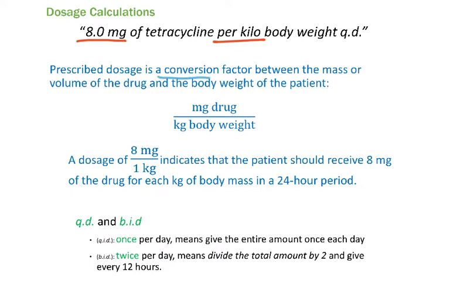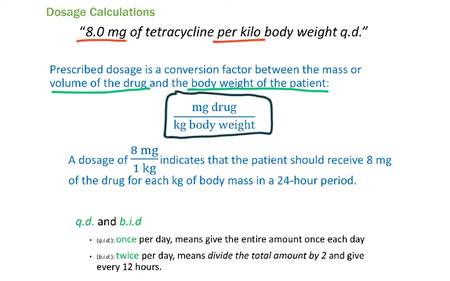This is definitely something that you will now think of as a conversion factor, right? Converting between the mass or volume of the drug that you need to give and the body weight of the patient that you need to give it to. So you will write an actual ratio, something like this: milligrams of drug over kilograms of body weight.